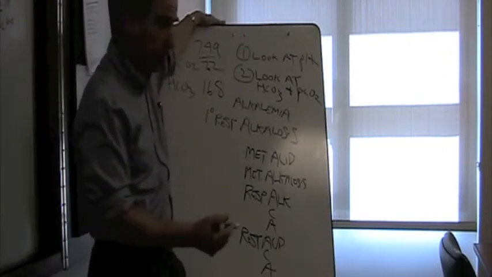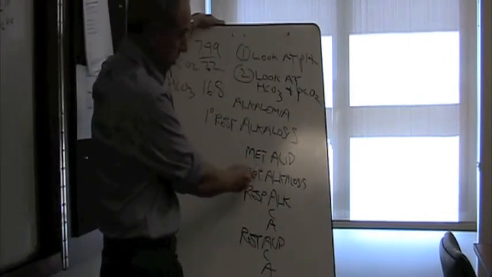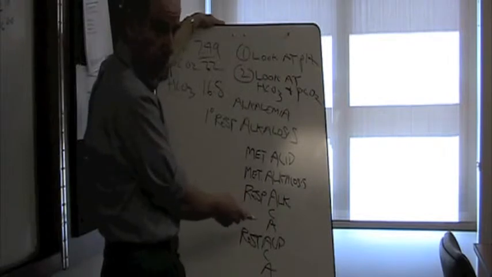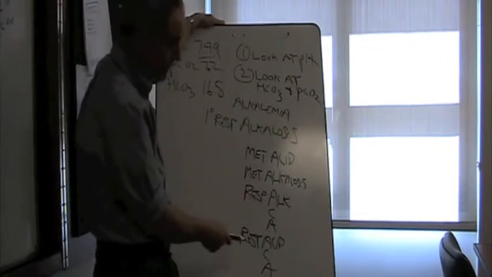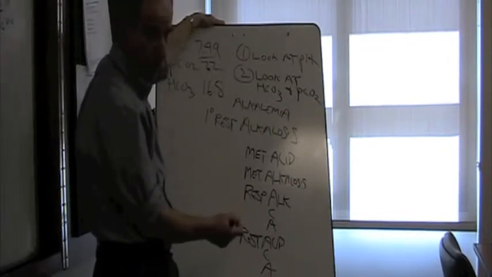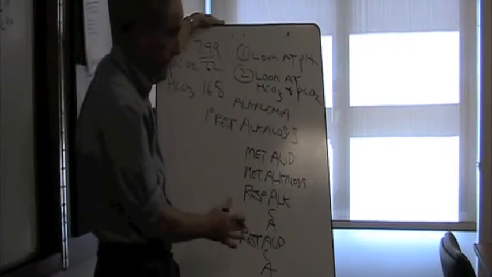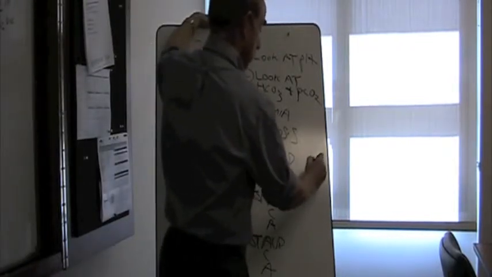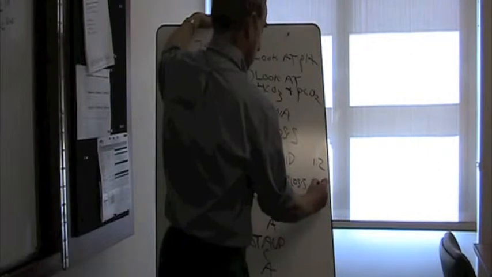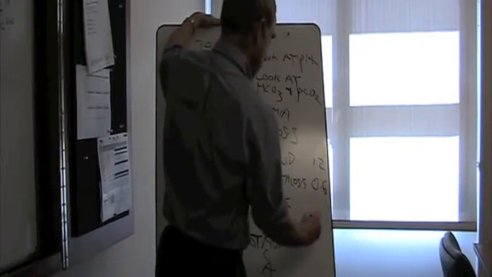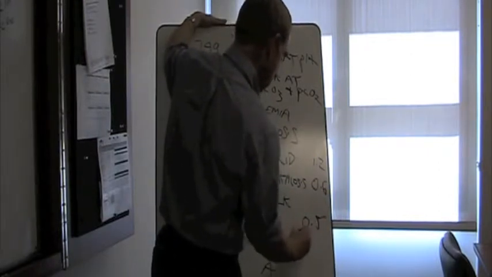You have a metabolic acidosis, metabolic alkalosis, respiratory alkalosis, either chronic or acute, and respiratory acidosis, either chronic or acute. Okay, that's it. So if you can remember those 6 things and these 6 numbers, then you can do any of these problems.